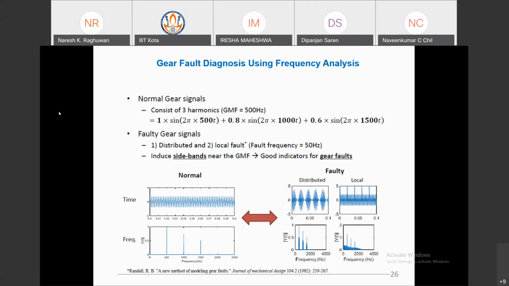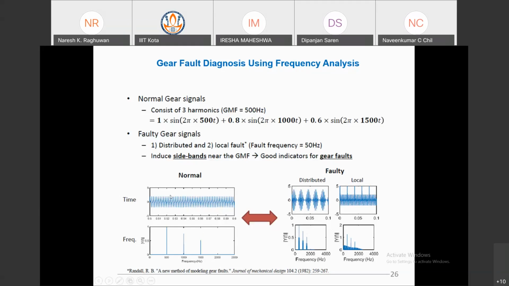You can analyze for that, but mainly the first two or three harmonics will be sufficient for your analysis purpose. So if you see here, at 500 hertz the frequency is there, this is the max frequency, then the next harmonic at 1000, next harmonic at 1500, and only three are there.